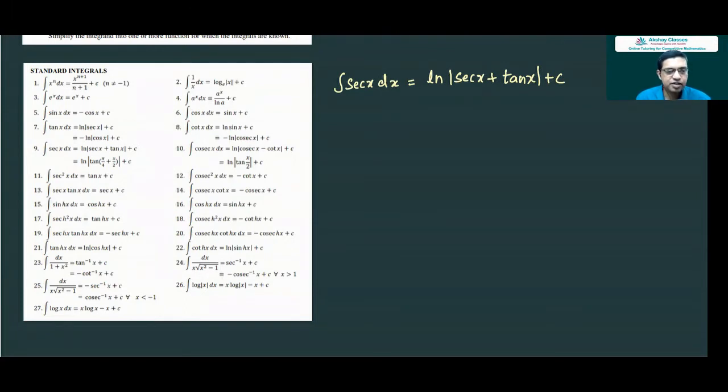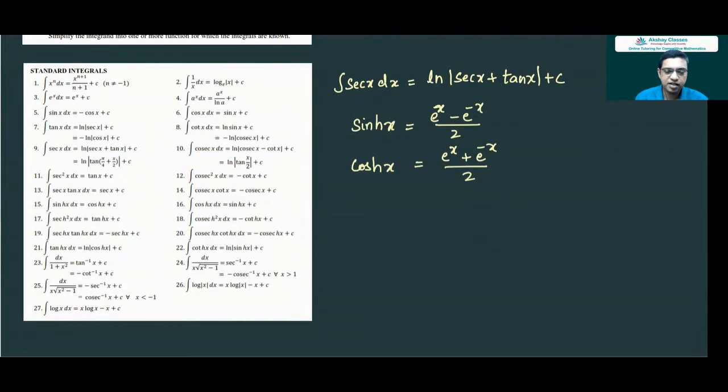Integral of sine hyperbolic x is cos hyperbolic x, and integral of cos hyperbolic x is sine hyperbolic x. So for those of you who do not know what a hyperbolic function is, sine hyperbolic x is e power x minus e power minus x upon 2, and cos hyperbolic x is e power x plus e power minus x upon 2.